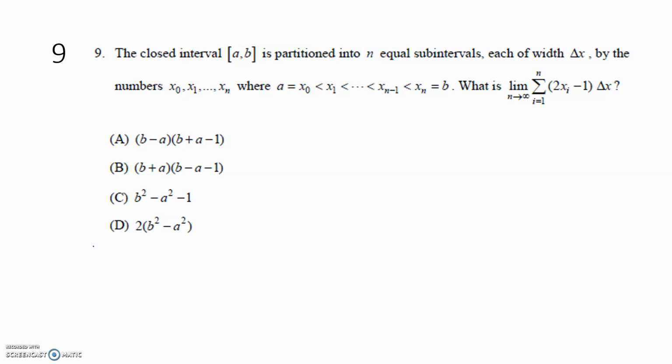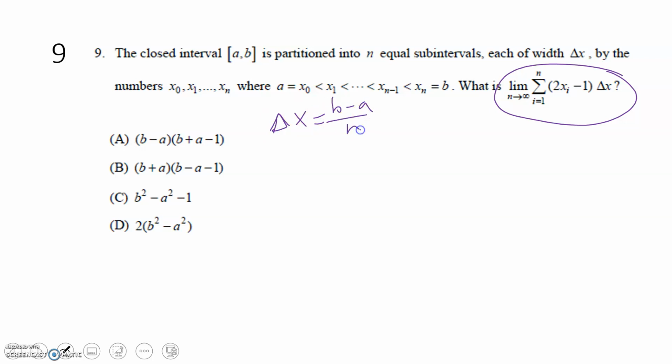The question is, what is the limit as n approaches infinity of the sum of 2x sub i minus 1 delta x? All right, so we know here that delta x is our width, so that's our b minus a over n.